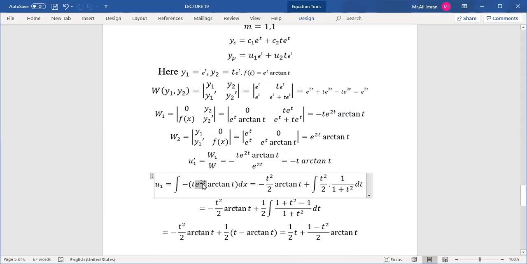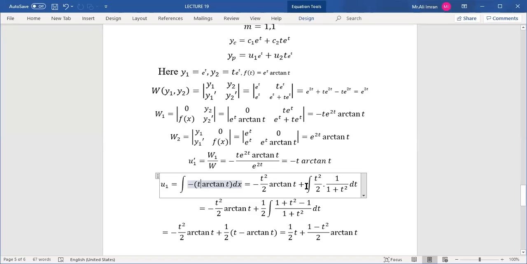If we integrate it with the help of integration by parts, the integral of t will be t squared divided by 2, and arctan of t remains as it is, plus the integral of t squared divided by 2 times the derivative of arctan of t, which is 1 divided by 1 plus t squared.